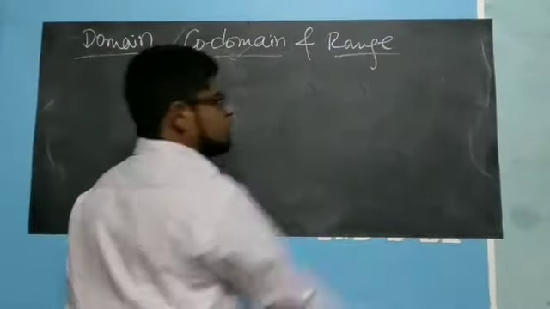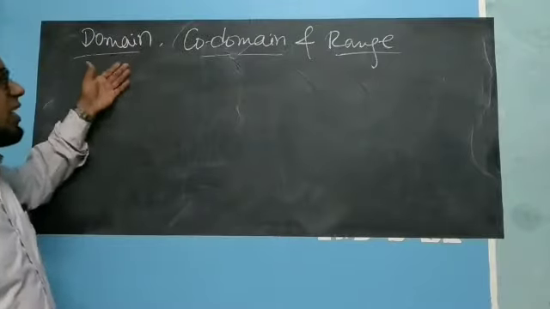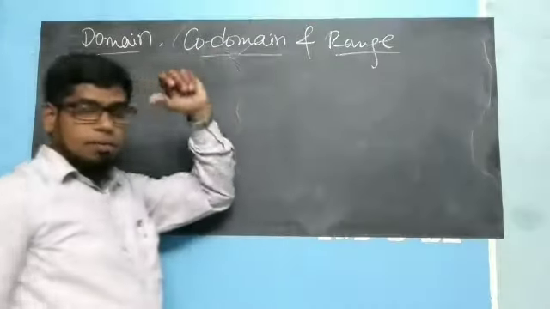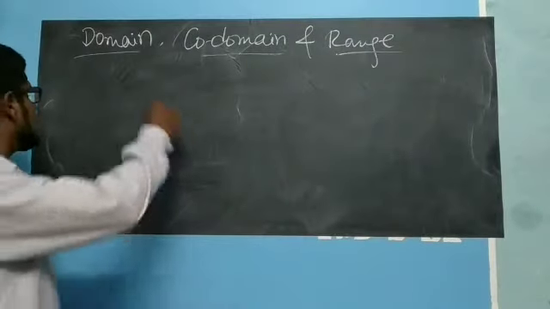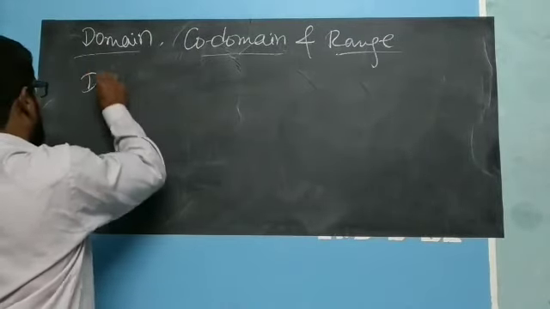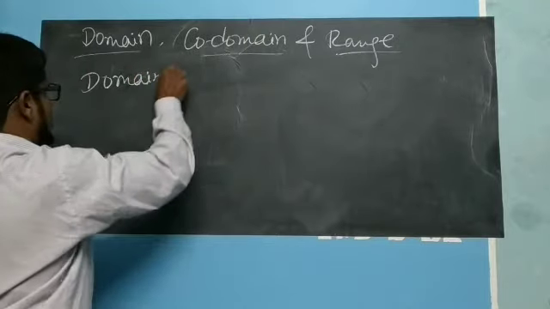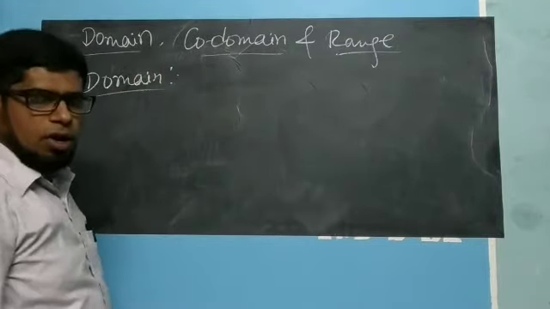These are three very important things, and these things we studied in relations also. But let us see how it will be in functions. So first we will discuss domain. What is the domain of a function?